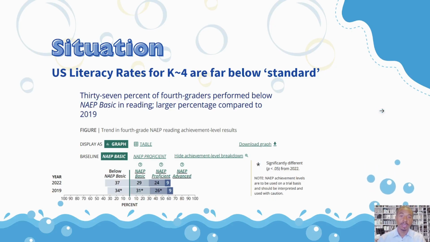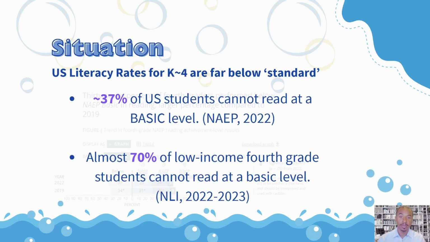So the situation is that US literacy rates for K through 4 are far below standard. In fact, 37% of US students cannot read at a basic level, and almost 70% of low-income fourth grade students cannot read at a basic level.